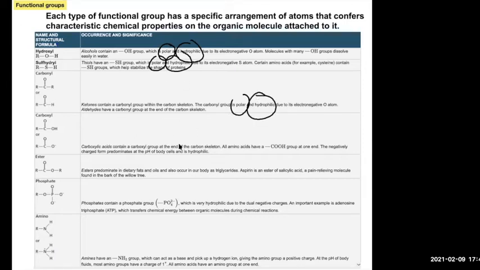So all these things you want to notice, like esters, but very hydrophilic, right? All of these not only give a certain charge, maybe in the case of phosphate and certain aminos, they're just going to confer certain properties on any molecule we're talking about. So these functional groups we'll see over and over again.